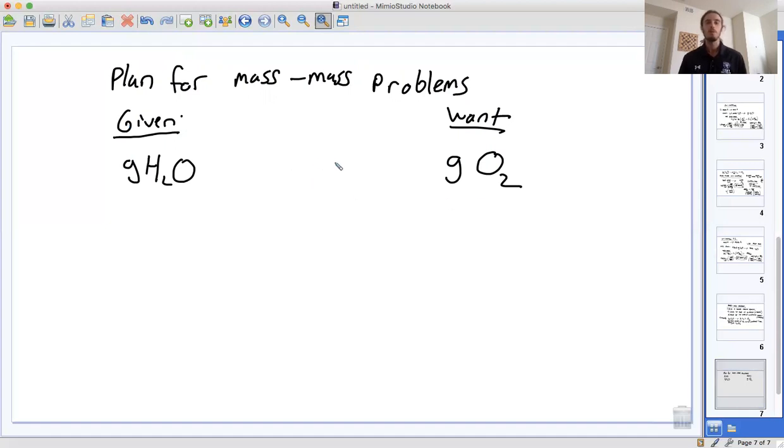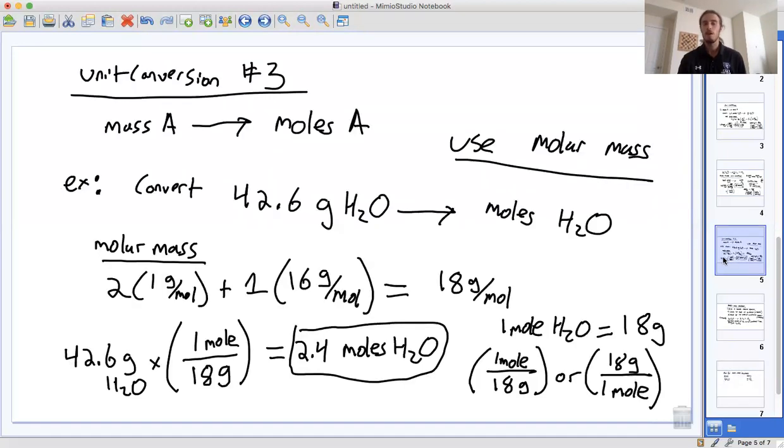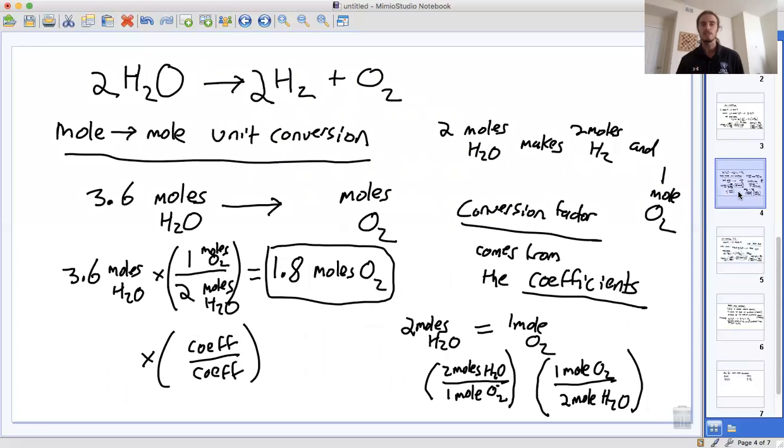Well, if we think back to the unit conversions we did, the only one that involves two different substances would be this mole to mole unit conversion, right? You can see here we converted moles of water to moles of O2. Now this was a different number probably than what we're dealing with here in our problem, but we know how to do this.